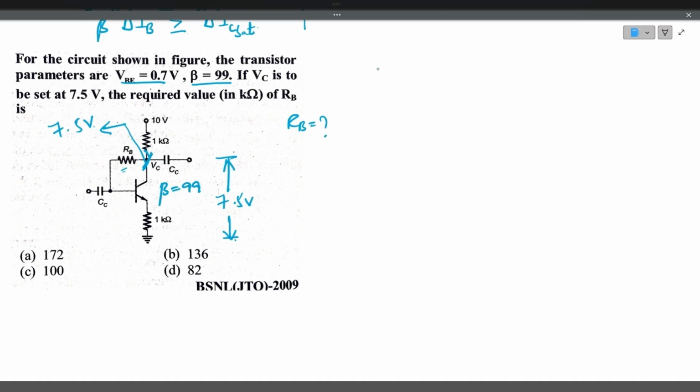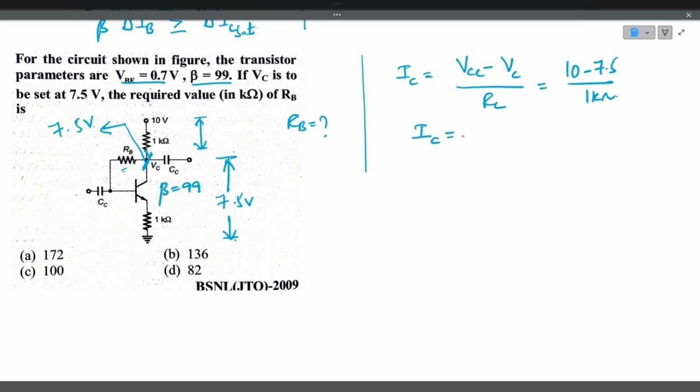So first, we will calculate the collector current, which is equal to VCC minus VC divided by the collector resistance. So 10 minus 7.5 divided by 1 kilo ohm.